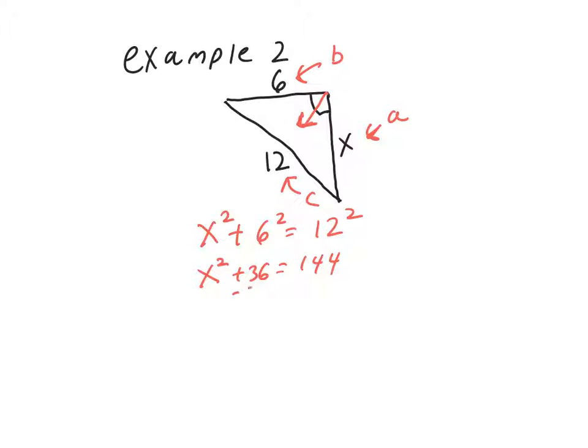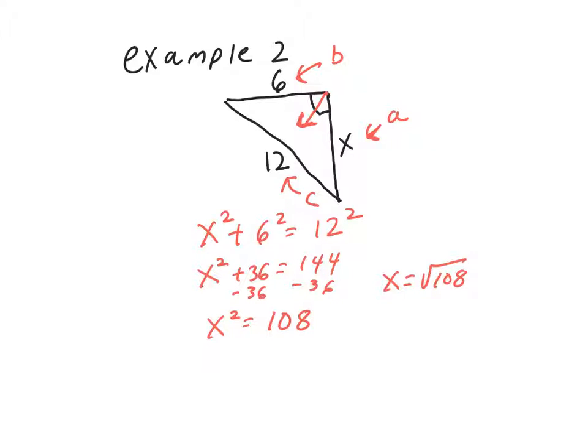I'll need to subtract 36 from 144, and we'll get x squared is equal to 108. Then we need to take the square root, so x is equal to the square root of 108.